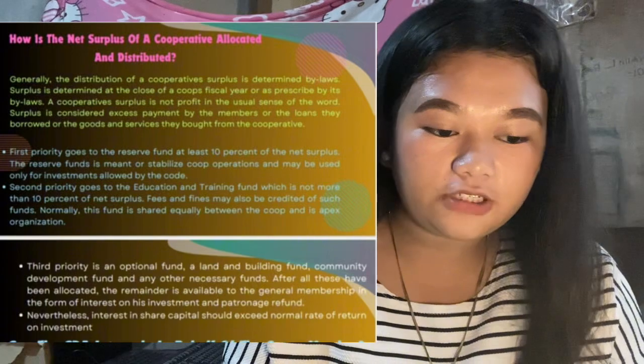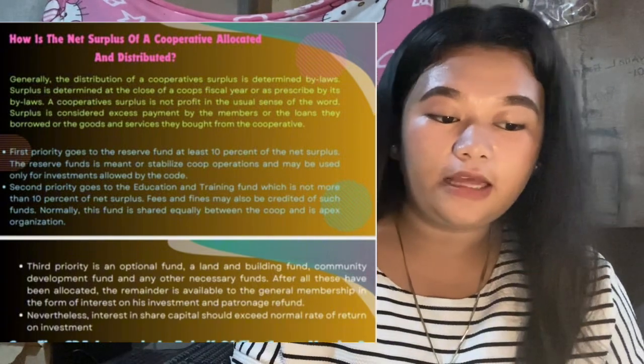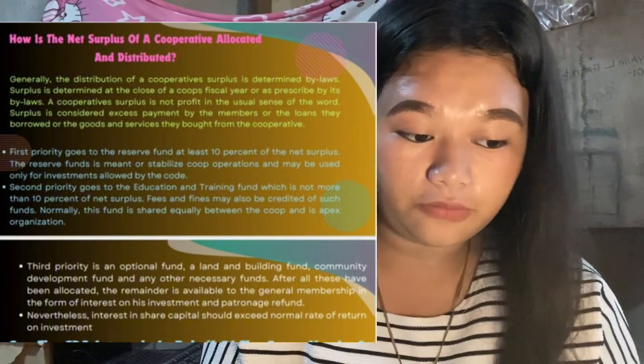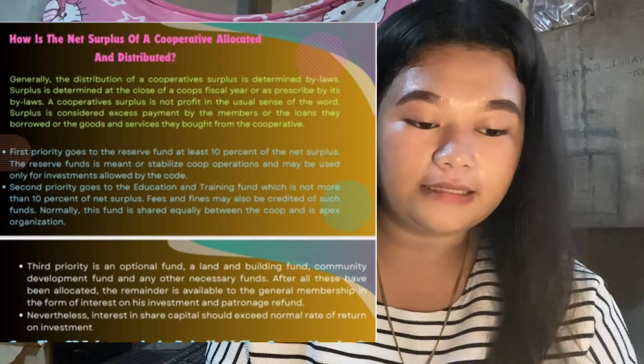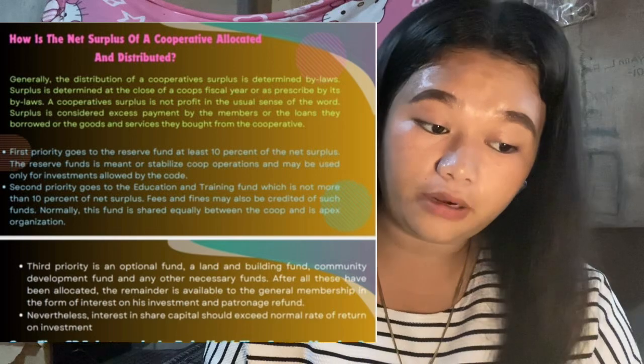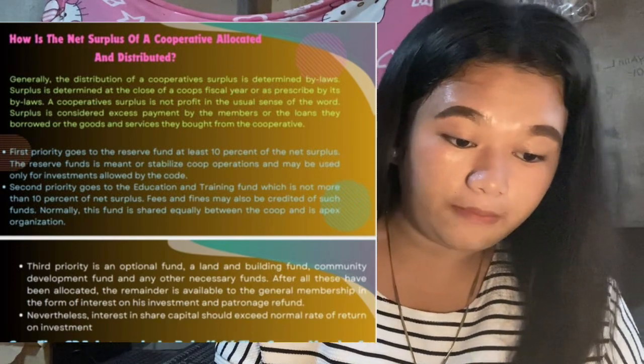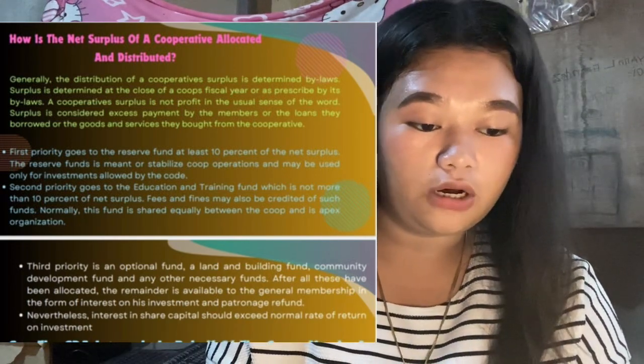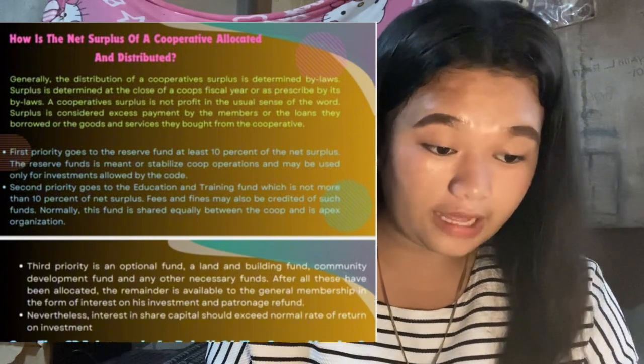A cooperative surplus is not profit in the usual sense of the word. Surplus is considered excess payment by the members of the loans they borrowed or the goods or services they bought from the cooperative.